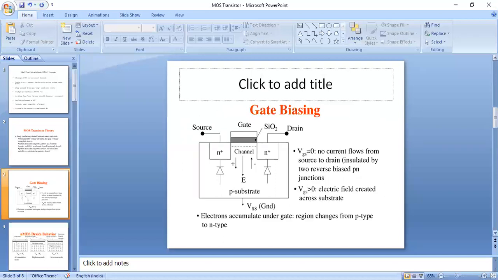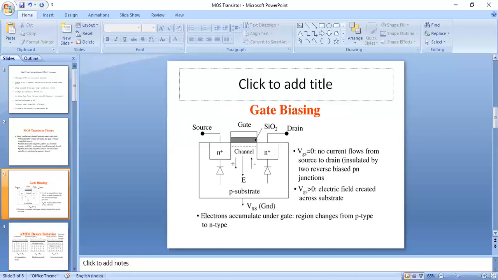Source and drain will be fed by some positive potential. The P substrate is the P-type material, right? So we are feeding that positive to the N. What will happen here? It will give us reverse bias. Do you agree with this point? Yes. So it will offer a reverse biased PN junction. That's what the PN device symbol shows in this MOS transistor.